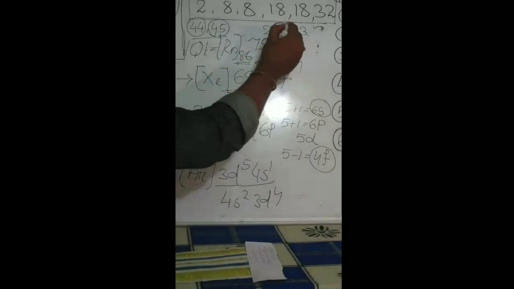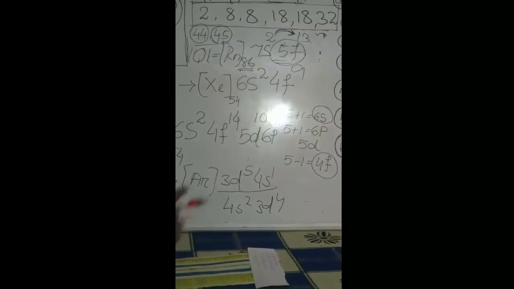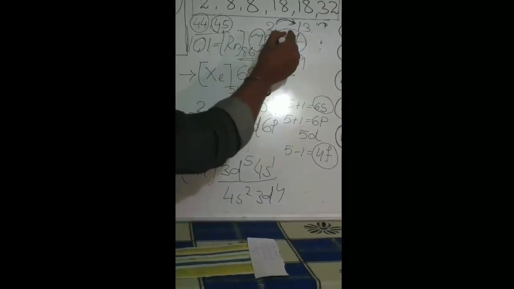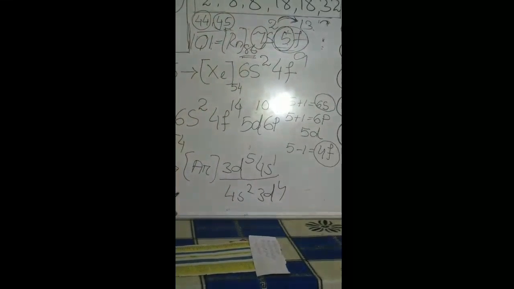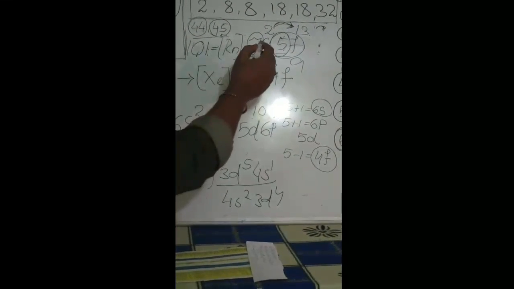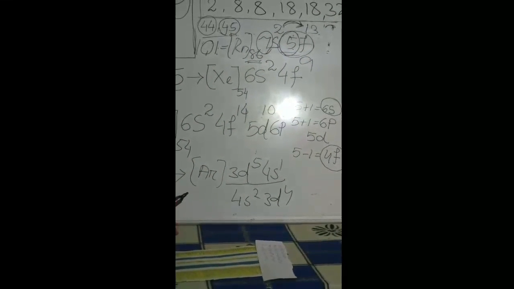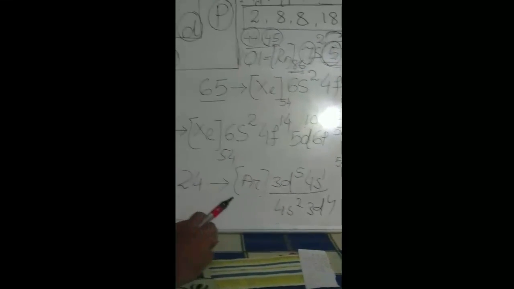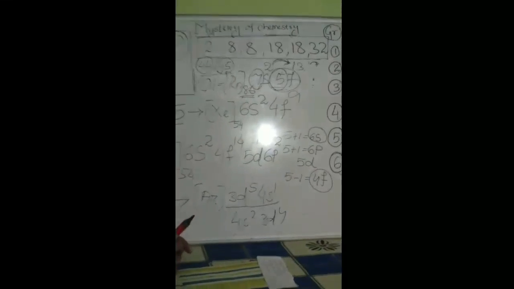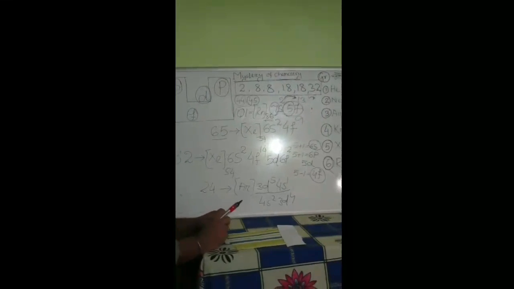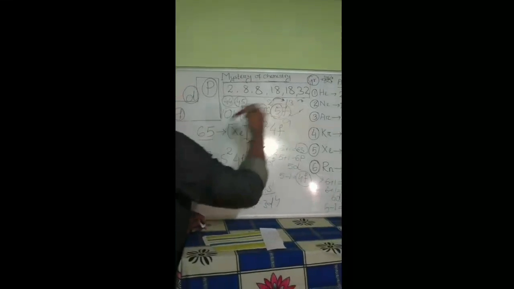But it doesn't happen because of the 7 principal quantum number and the 5 quantum number, this one is the problem. From one serial number to another, from 6 to 5, one electron can excite, but across 2 quantum numbers at a time, an electron cannot excite. So in this case, this one is the right configuration.